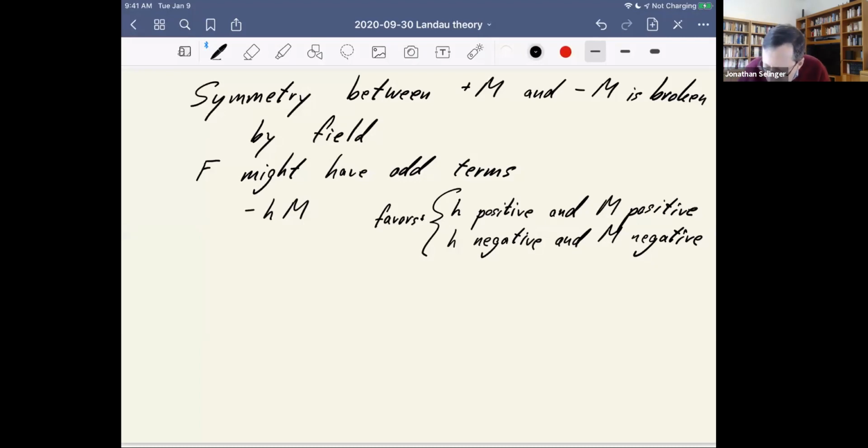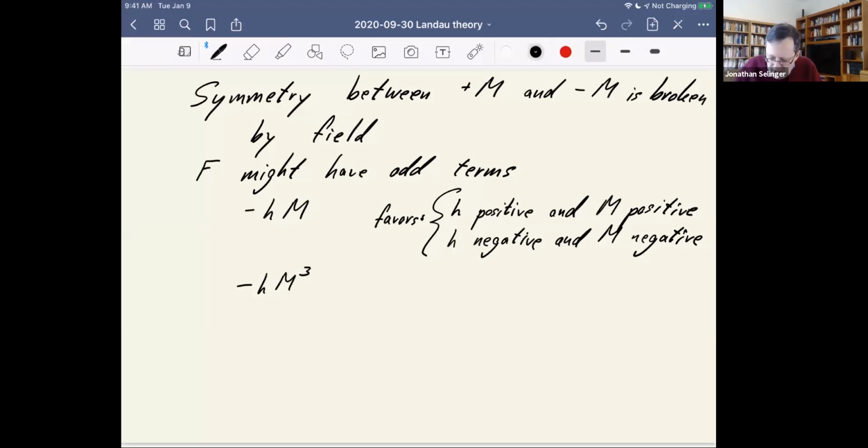What else could there be? Well, there might be something like negative H M cubed. That has the same properties: if H is positive and M is positive, you get a favorable negative contribution, and vice versa.